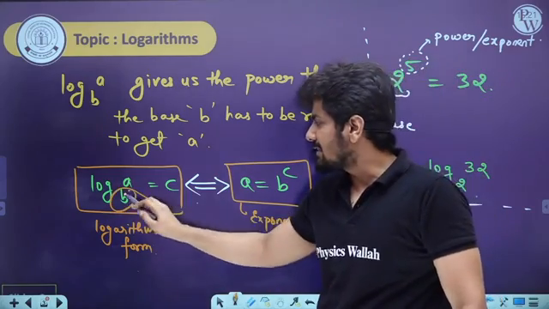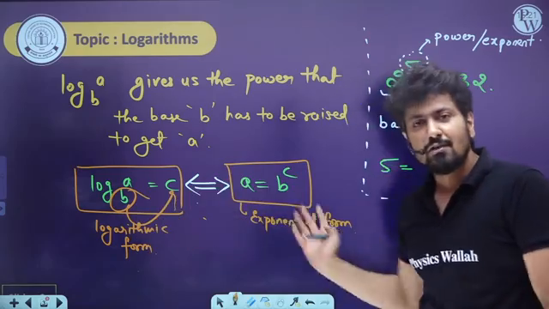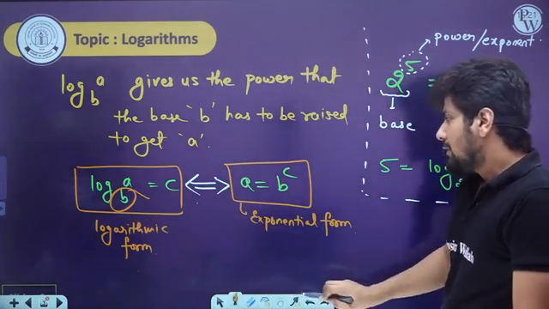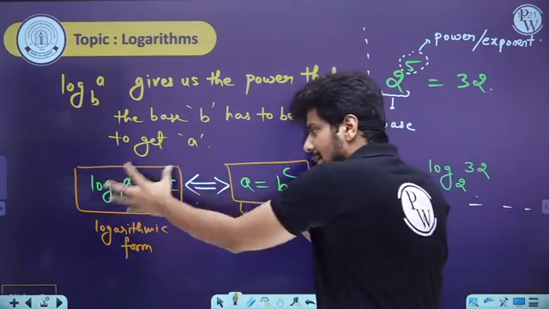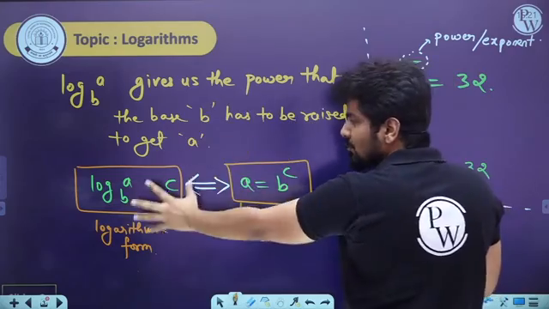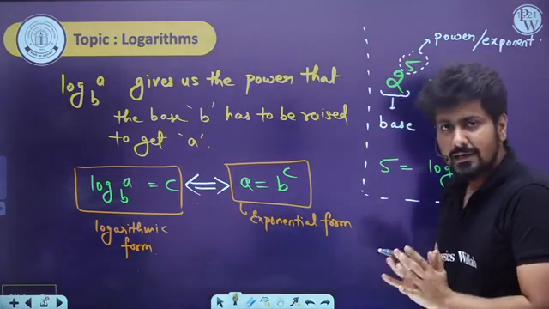Basically, we are raising this base b to the power c to get this number a. So, active voice, passive voice. In the similar way, logarithmic form, exponential form. We need to understand how to convert from logarithmic to exponential and how to convert the exponential form to the logarithmic form. It is very important to understand that.